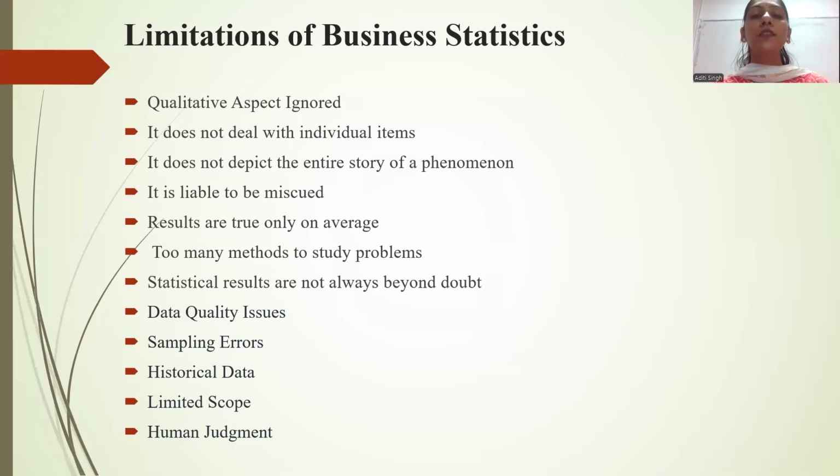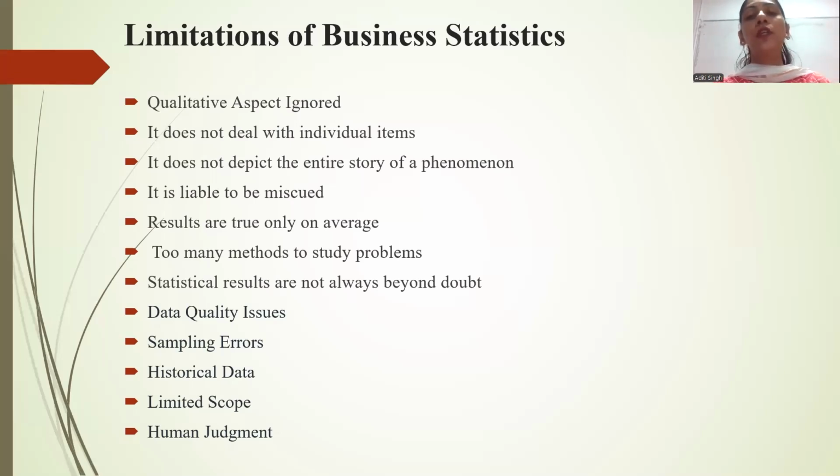But nowadays, the data may be collected by inexperienced persons, or they may be dishonest or biased towards the data collection. So as it is a delicate science, it can be easily misused by any person.